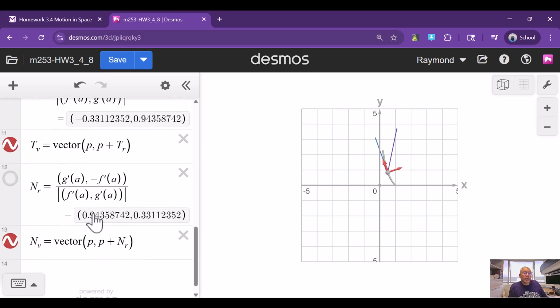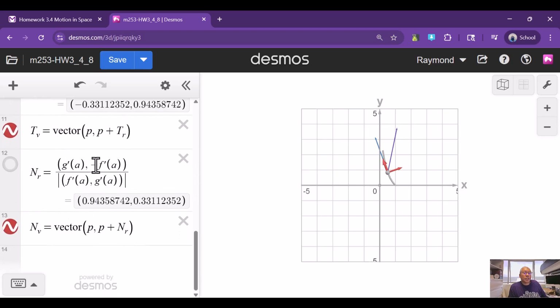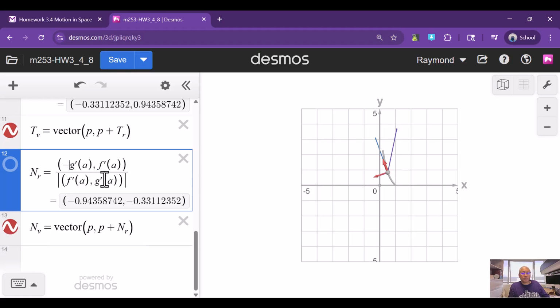Now, had I initially put the negative in front of the G, then my normal vector would be on the opposite side of the acceleration, and I don't want that. I want the normal vector to be on the same side as the acceleration. So I'll take this out again and put the negative in front.